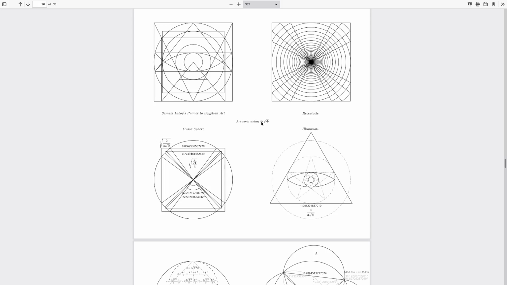So there's a 1-to-1 in a very roundabout sense.